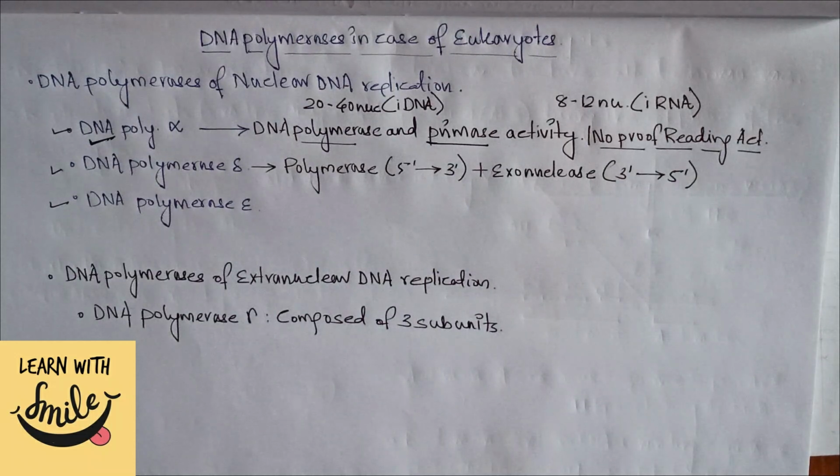In our initial lectures, it was already stated that more than 10 different types of DNA polymerases are found in the eukaryotes. But here we are going to discuss those DNA polymerases which have a very prominent role. Starting with the discussion, the DNA polymerases which play a very prominent role can be classified into two different classes.